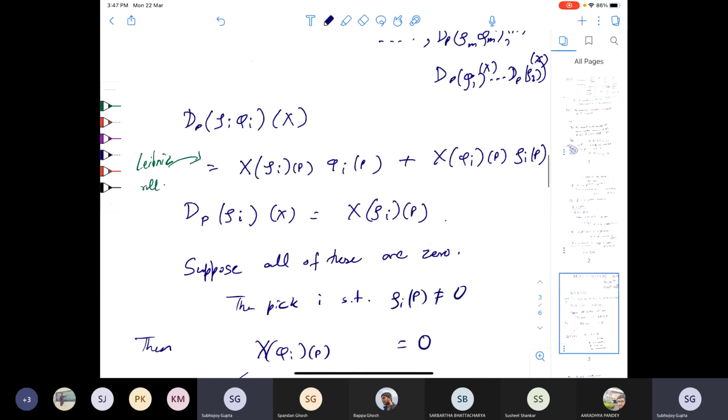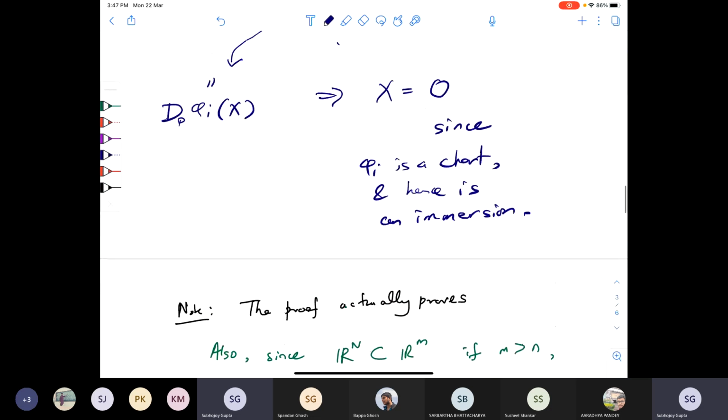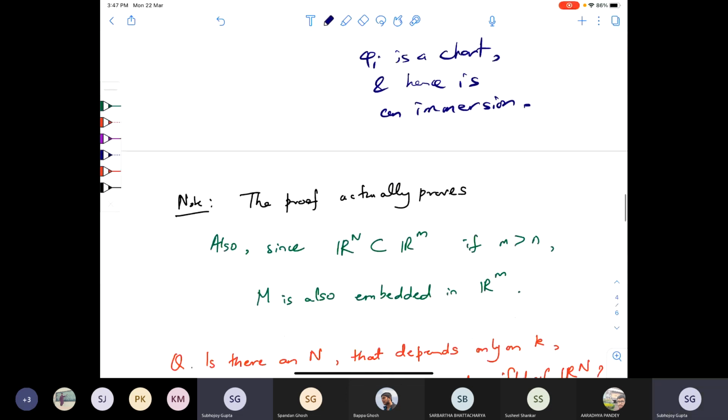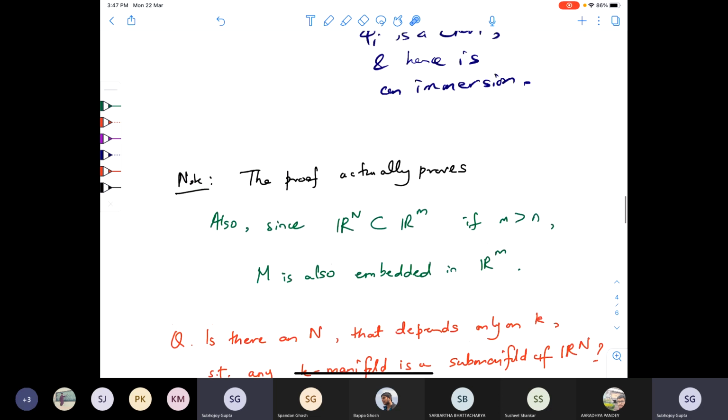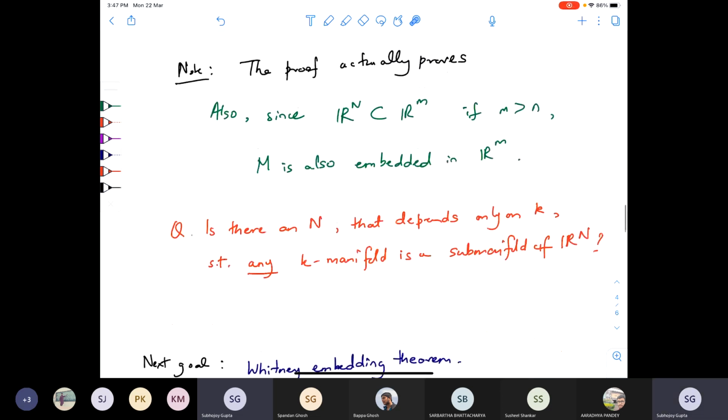But as one of you also asked, this is not quite efficient. So you can ask whether there is some Euclidean space that depends only on the dimension of the domain manifold, so that any m-dimensional manifold is a subset of Rn for that n.